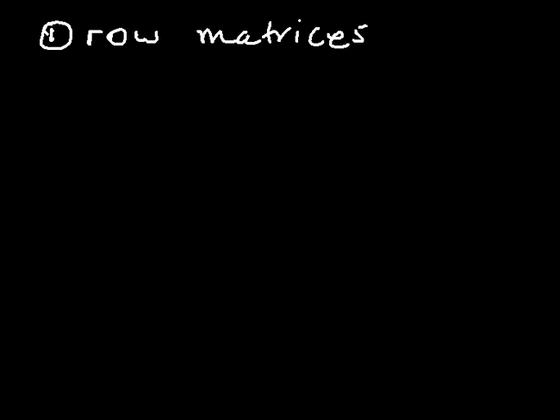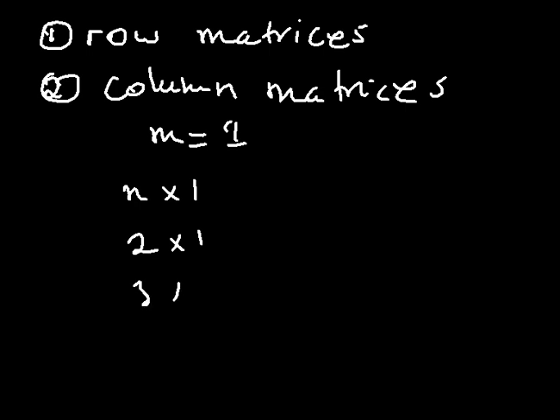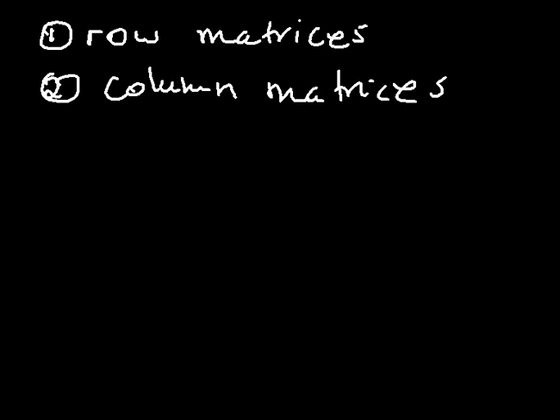And we also have what we call the column matrices. For this case, it is the opposite of the row matrices. In this case, the matrices have the number of columns as 1, so they follow the order of n by 1. We can have 2 by 1, we can have 3 by 1. A basic example is 5, 4, 2.